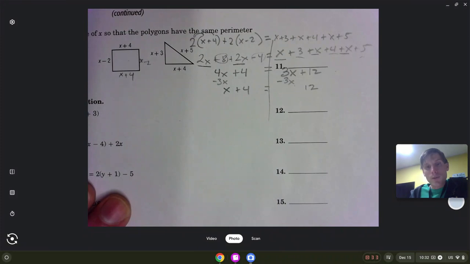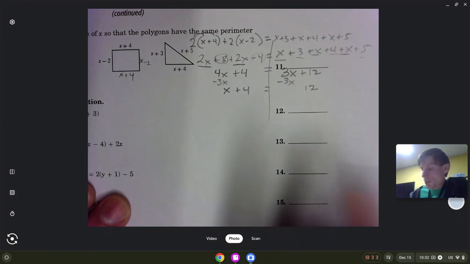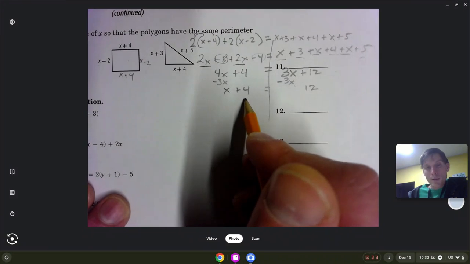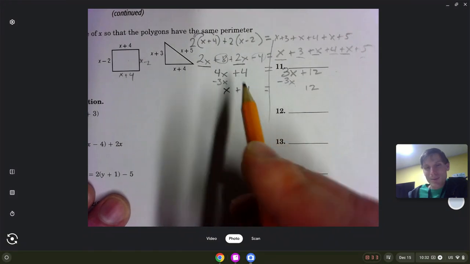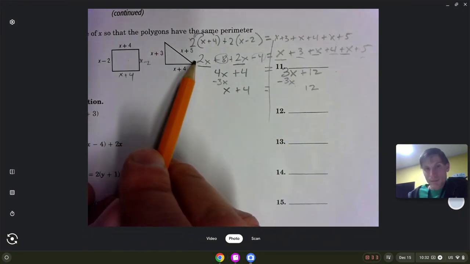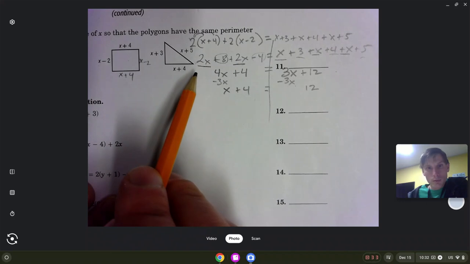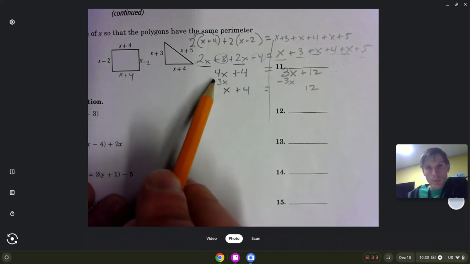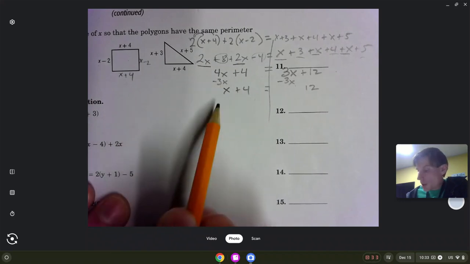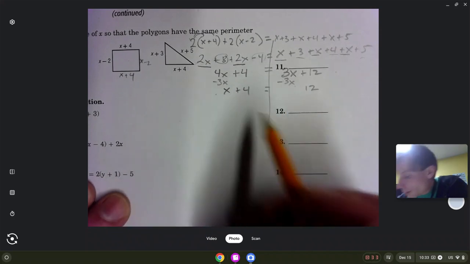So we have x plus 4 equals 12. Now we're getting somewhere, getting close. Next up we did distribute, combine, move the variable. And now we are up to addition, subtraction.